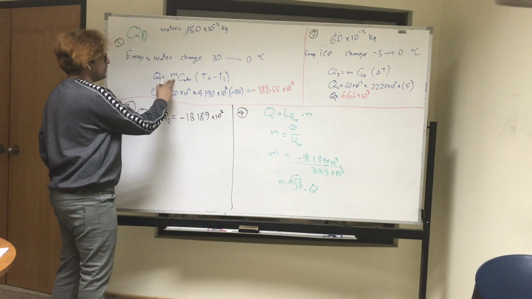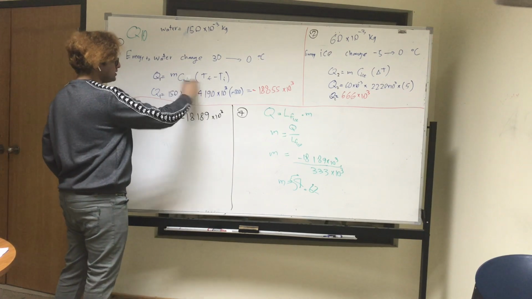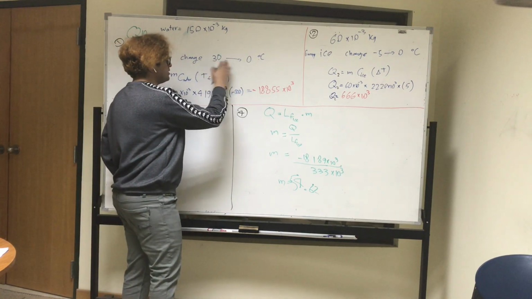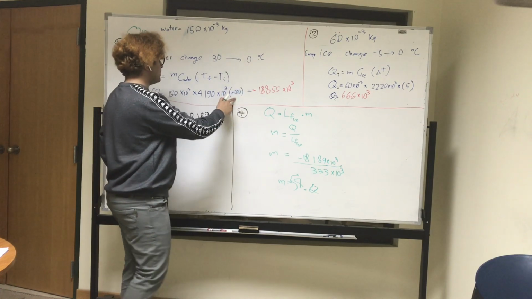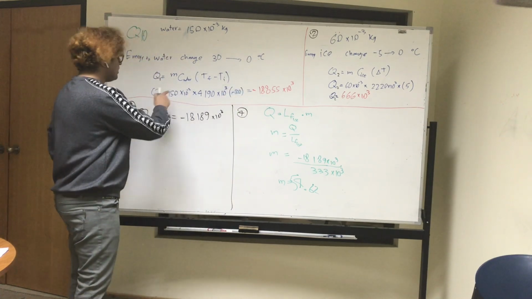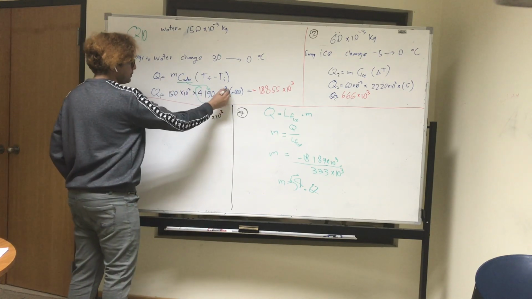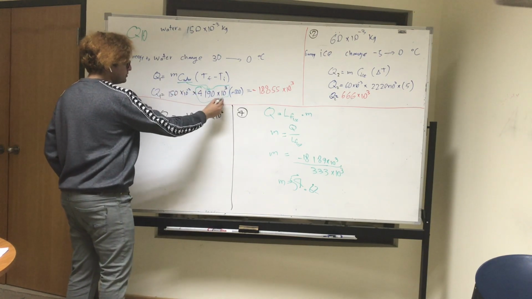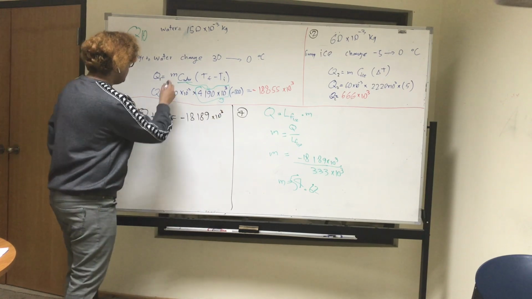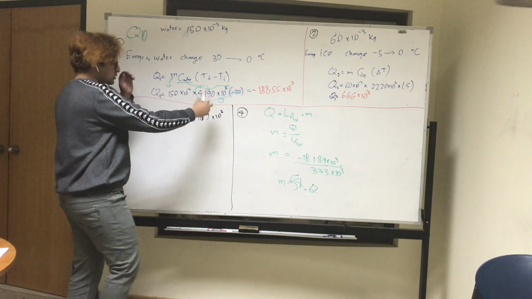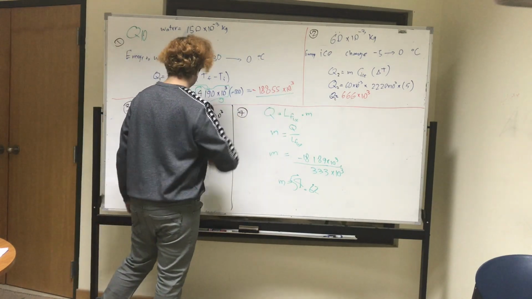The energy is equal to the mass times the specific heat of water times the change in temperature. If you take water from 30 to 0, the change in temperature is negative 30. The specific heat of water in joules is out of your formula sheet, and this is the given mass of water. Multiply things out and you'll get this amount of energy.